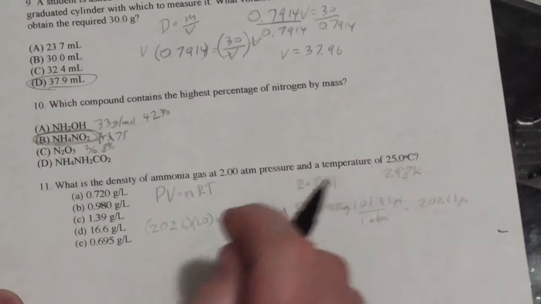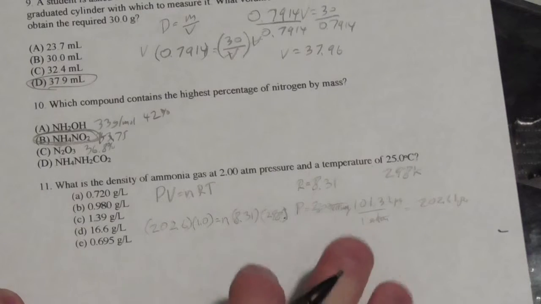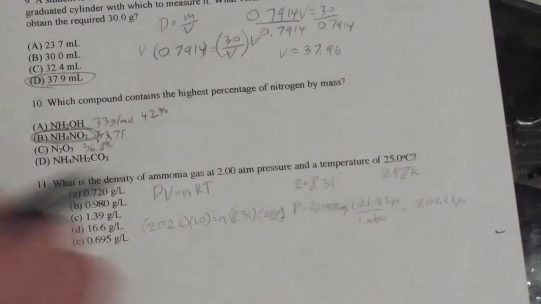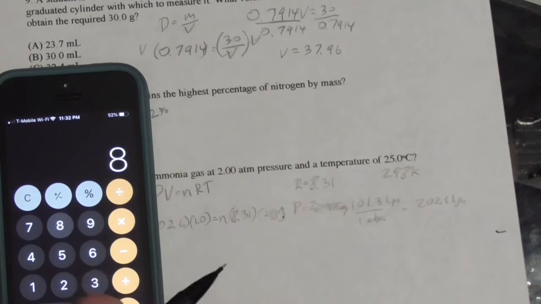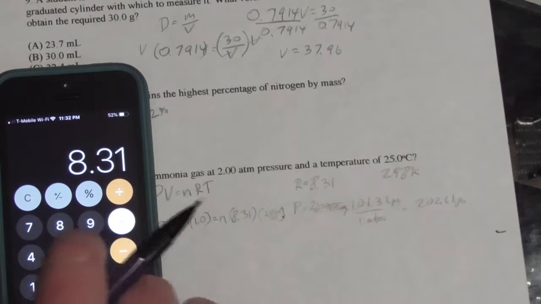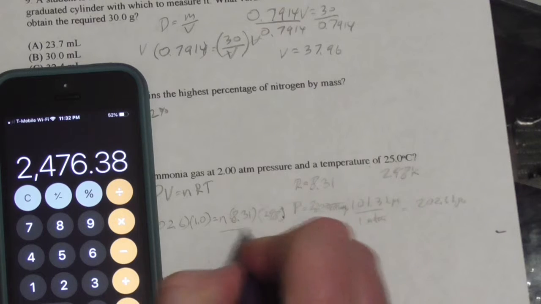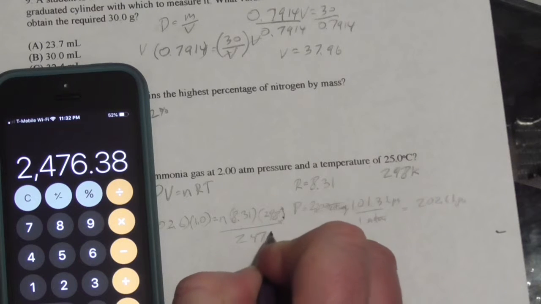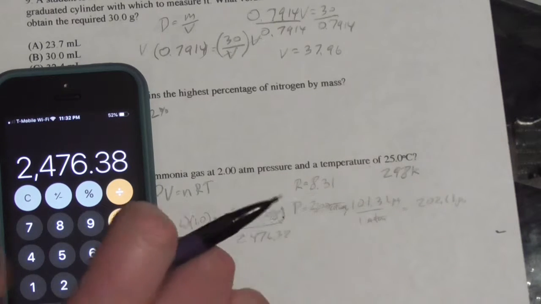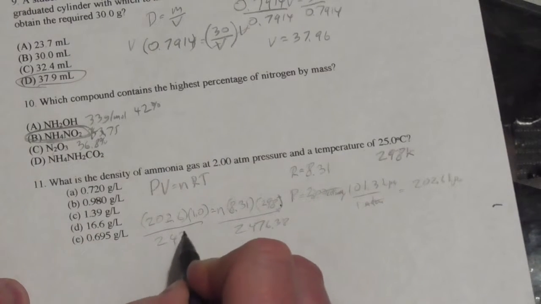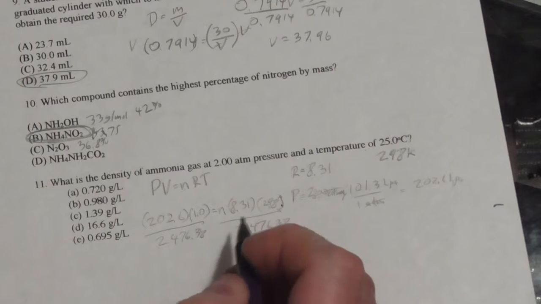Kelvin. Maybe from now on we're going to use pens. So 8.31 times 298 equals 2476.38. I divide the other side by the same number, 2476.38.